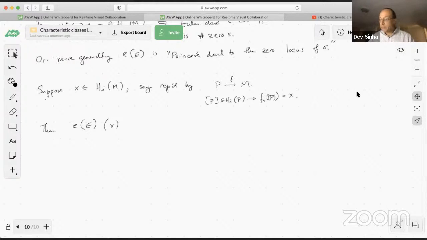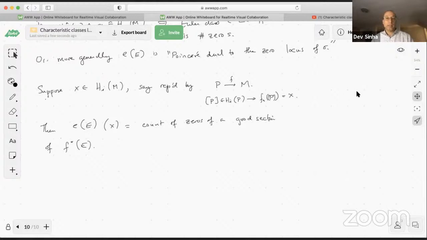So then what we can say is that the Euler class of E evaluated on the homology class x is equal to this count of zeros of a good, transverse section of the pullback of E. So that buttons up some of that, and connects with the ideas we had before for these Euler counts.